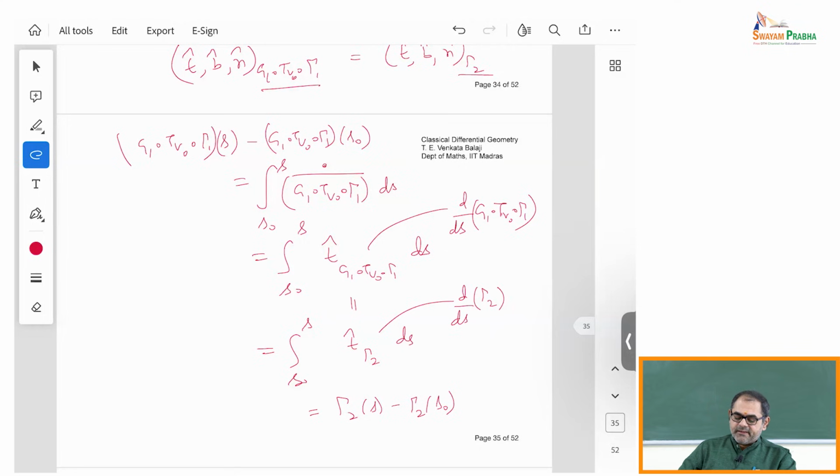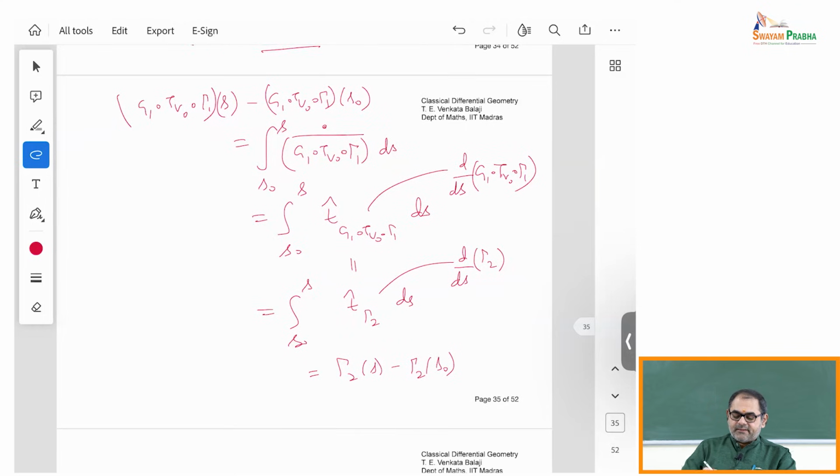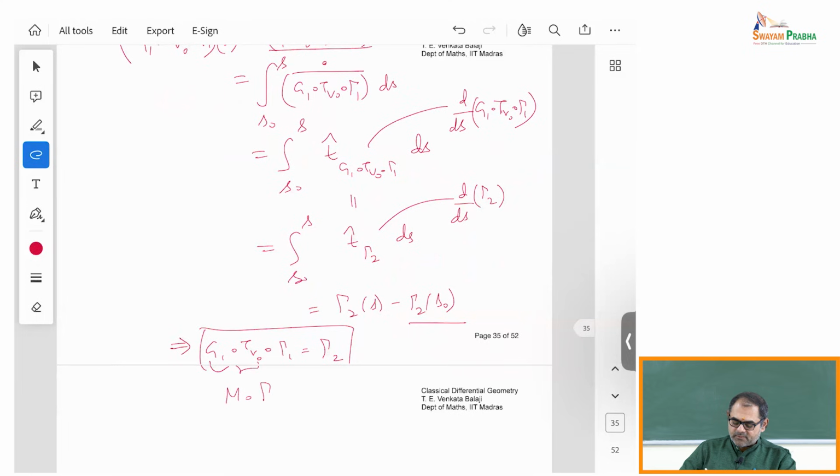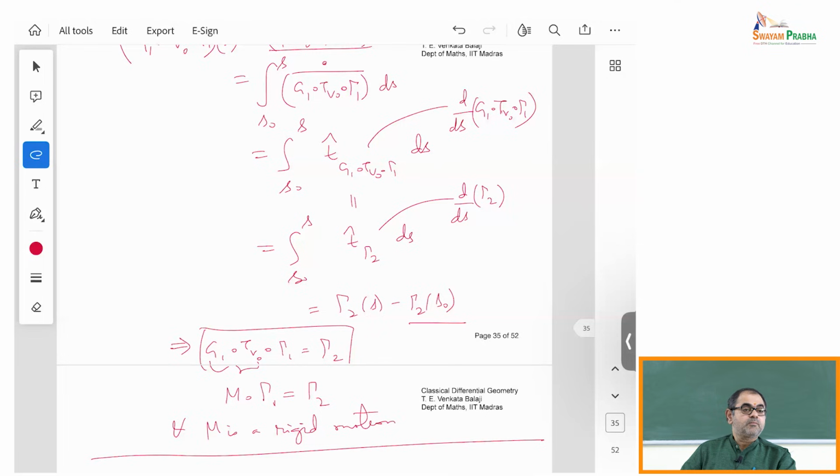Also, g1 circle T v naught circle gamma 1 of s naught and gamma 2 of s naught are the same, so they will get cancelled out. So you will get that g1 circle T v naught circle gamma 1 is the same as gamma 2. So M circle gamma 1 equals gamma 2, and M is a rigid motion that takes gamma 1 to gamma 2. Do you see that?